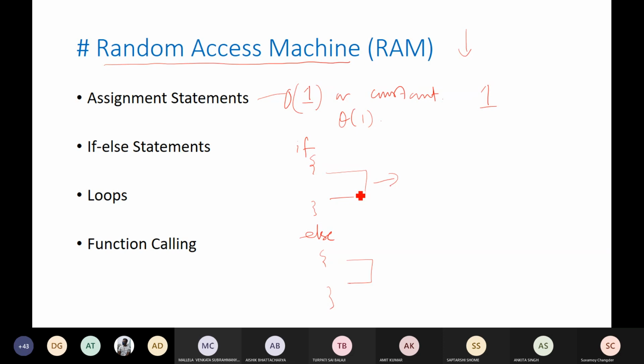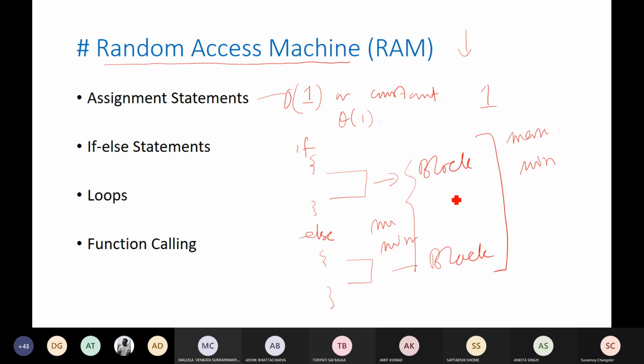If it is containing assignment statements or if statements or loops, it must have some time complexity for this block, and also for the other block. Now if we have to find the maximum time complexity, we will choose the maximum among these two. If we have to find the minimum, then we choose the minimum among these two.